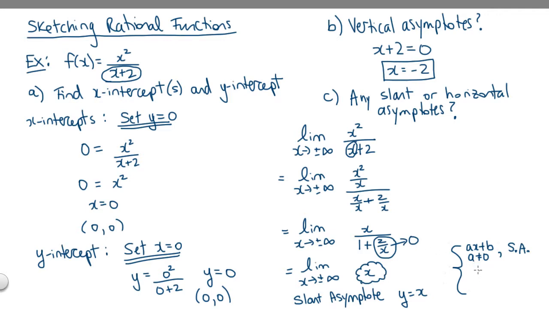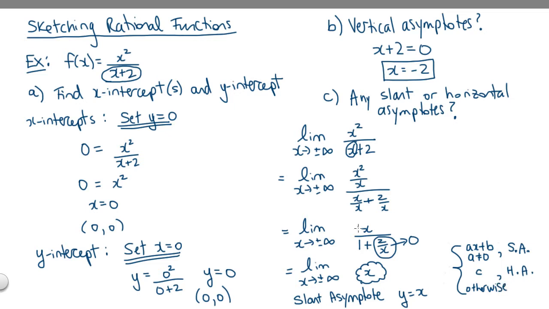If we instead had found that our limit simplifies to just a number, so just the number 0 or 1 or 2 for example, then we'd have what's called a horizontal asymptote. Then you'd have the equation y equals whatever your number is. Depending on your function, you may end up with neither of these situations.